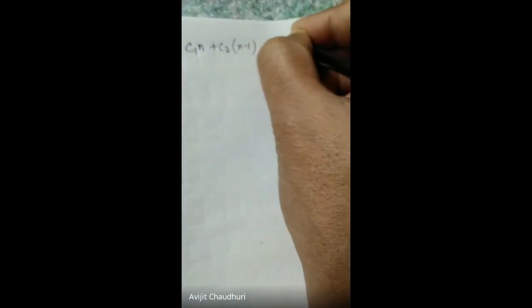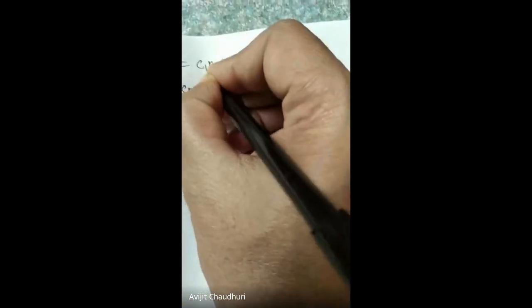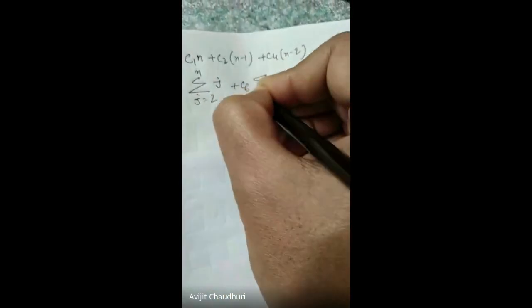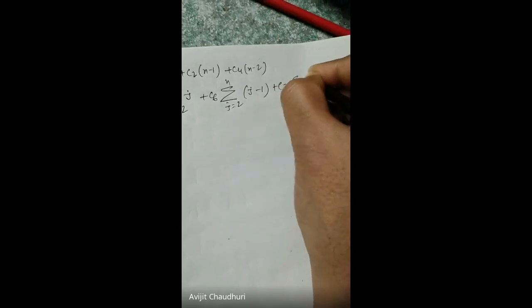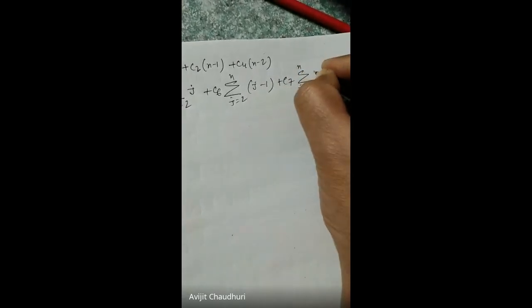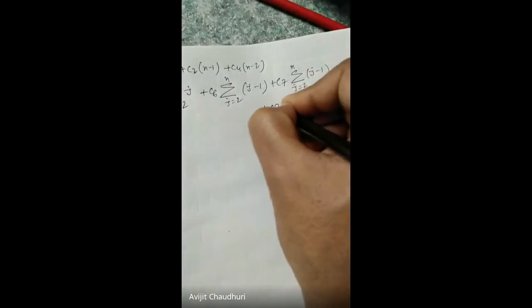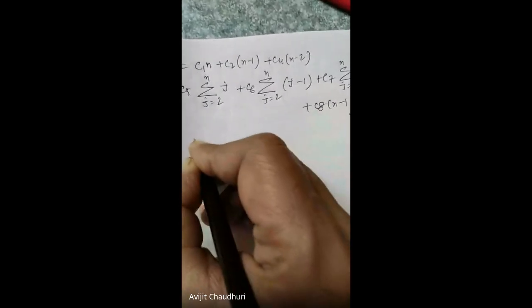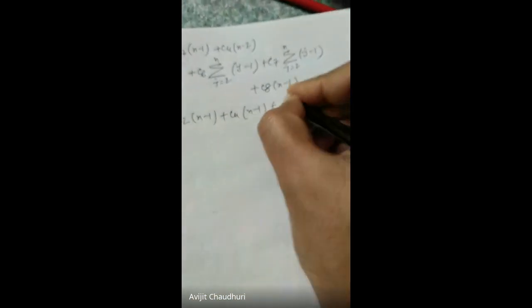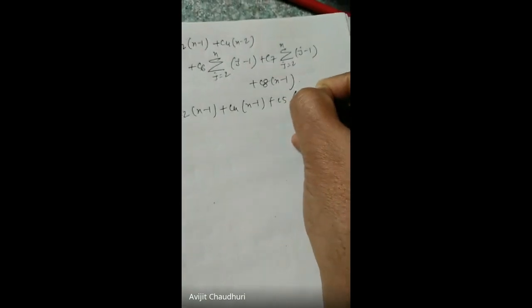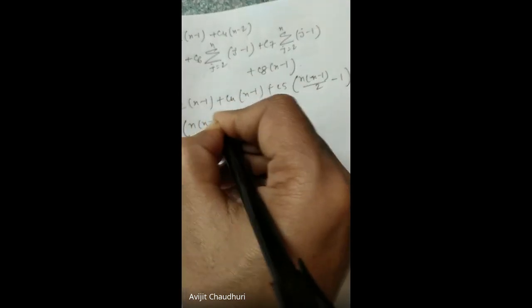C1 into n plus C2 into (n minus 1) plus C4 into (n minus 1) plus C5 summation of j from 2 to n of j plus C6 summation of j from 2 to n of (j minus 1) plus C7 summation of j from 2 to n of (j minus 1) plus C8 into (n minus 1) equals C1 n plus C2 into (n minus 1) plus C4 into (n minus 1) plus C5 into (n(n minus 1)/2 minus 1) plus C6 into n(n minus 1)/2.